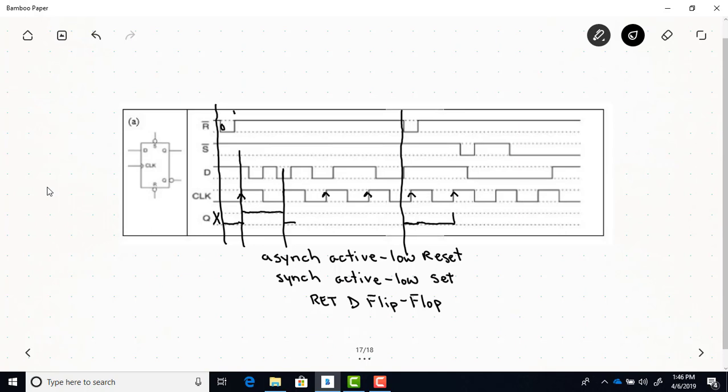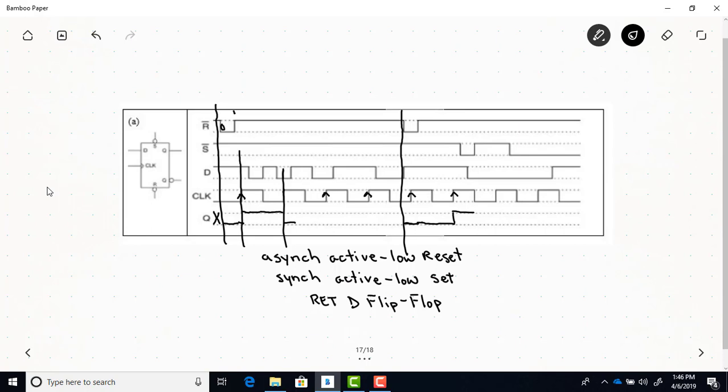However, the set input is synchronous, so it does depend on the clock. So even though this set input went low here, the output isn't affected.